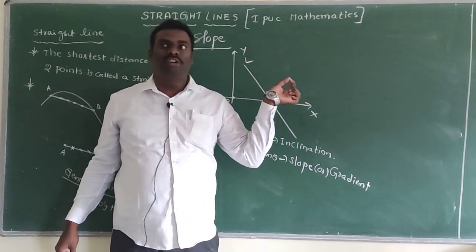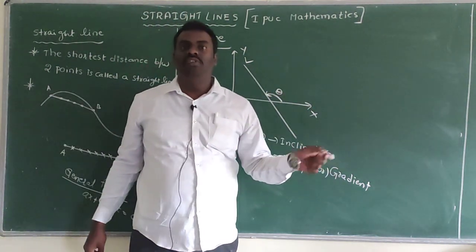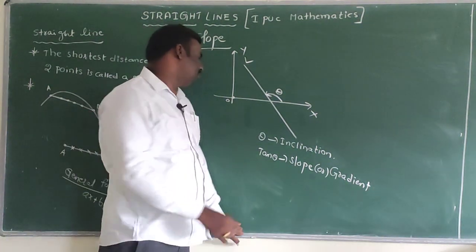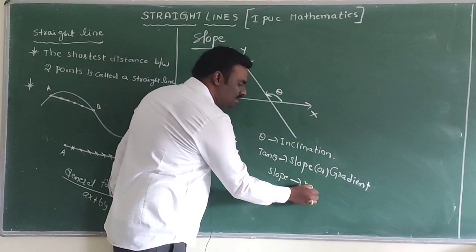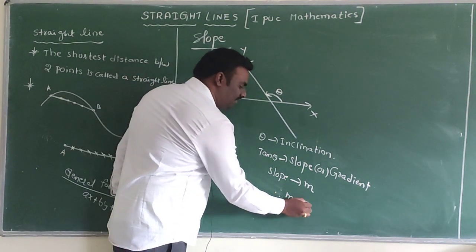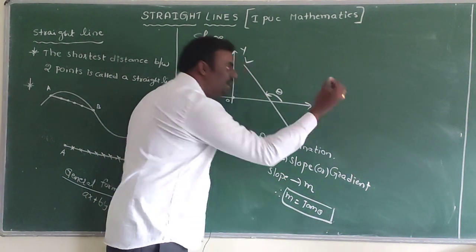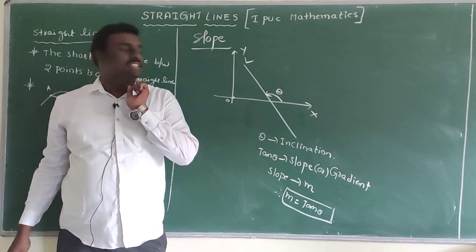That theta is called inclination. Tan theta is called slope. It is also called gradient. This slope is denoted by the small letter m. Then finally, we can write the formula for slope: m is equal to tan theta is the formula for slope of a straight line.